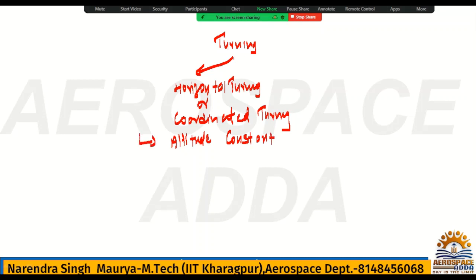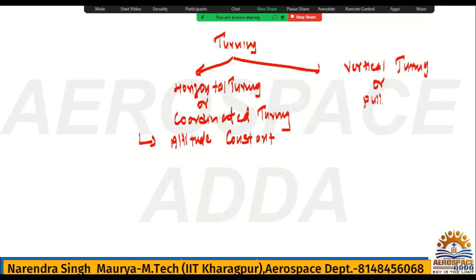Right? The second turning was vertical turning, which is also called pull up and pull down.